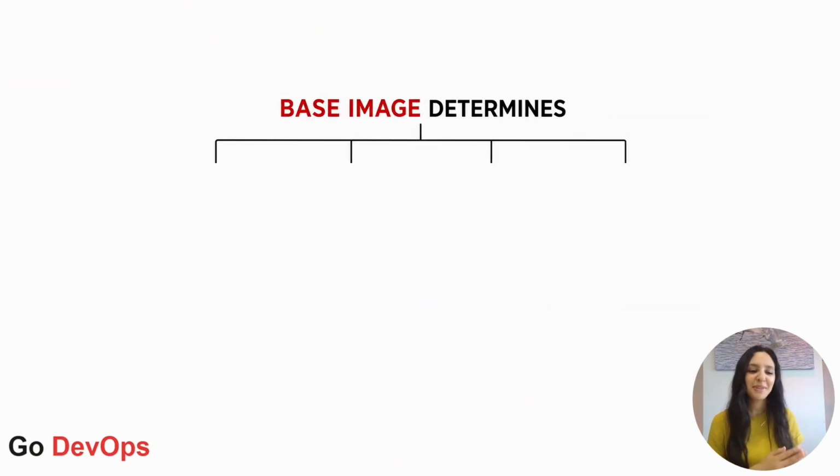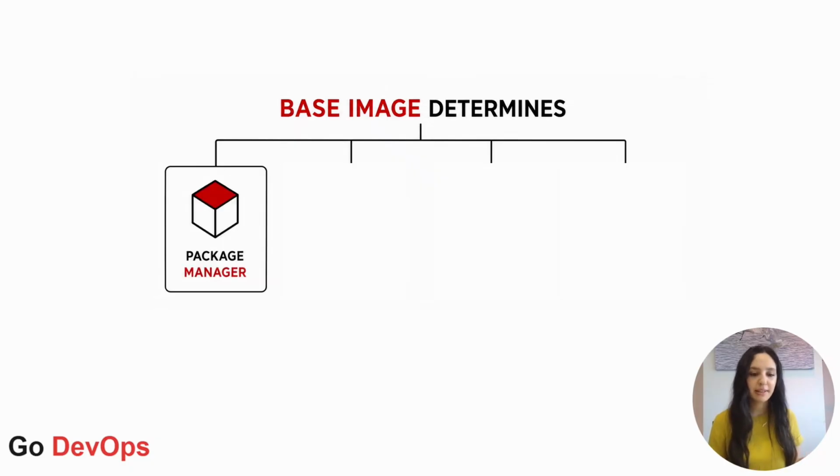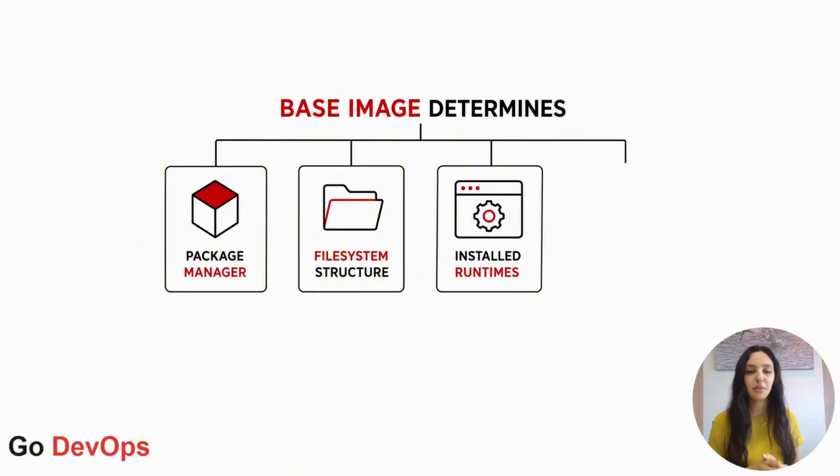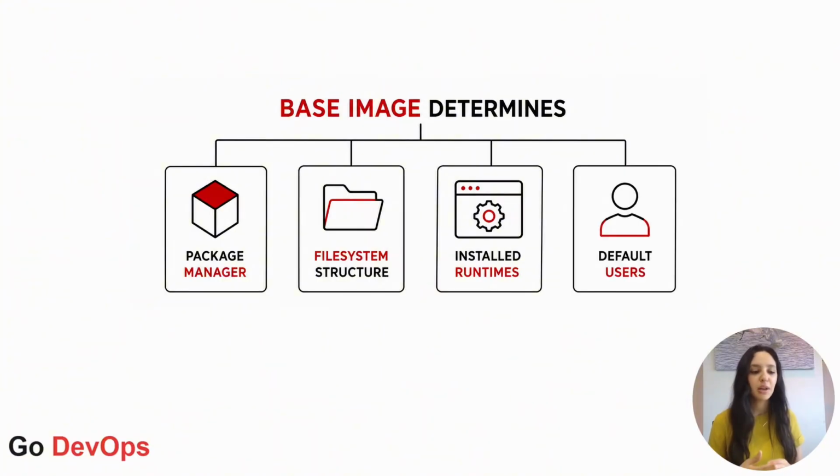The base image also determines things like which package manager exists, the file system structure, installed runtimes, and default users. So choosing the correct base image is not just a technical detail, it's really an architectural decision.